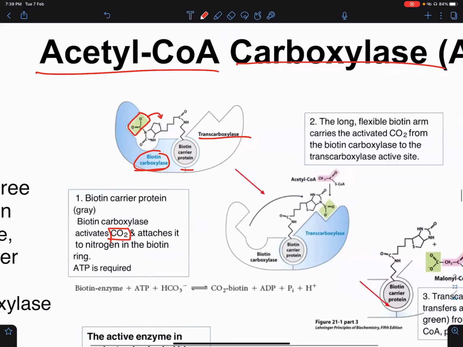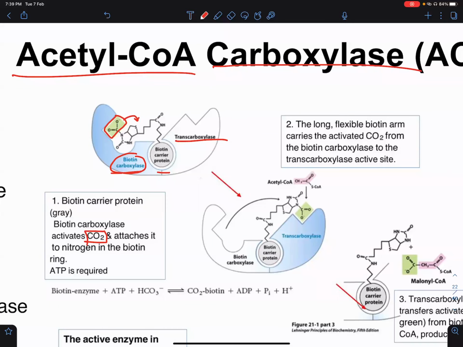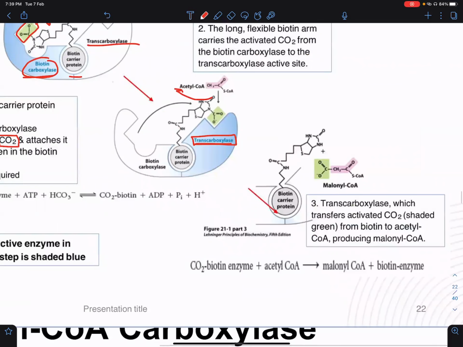Then the trans carboxylase, which is this one right here, the blue part, is going to take this carbon dioxide and give it to the acetyl-CoA. So you end up with this. Acetyl-CoA is just the pink part, and the green part is the carbon dioxide. This is malonyl-CoA.